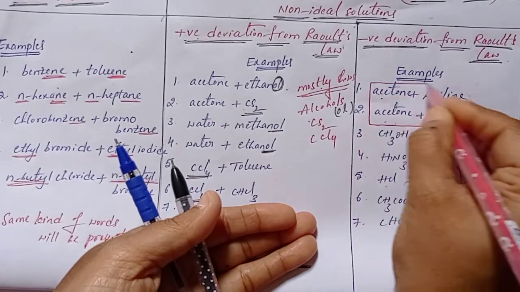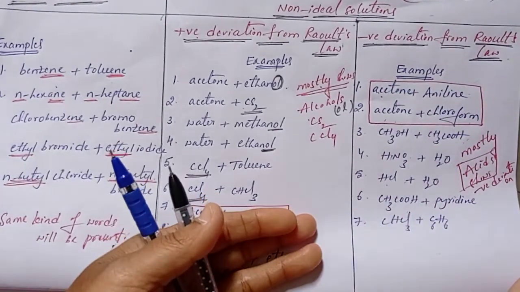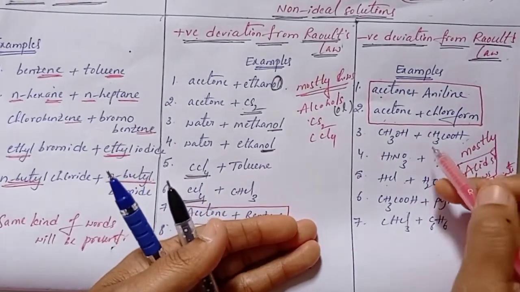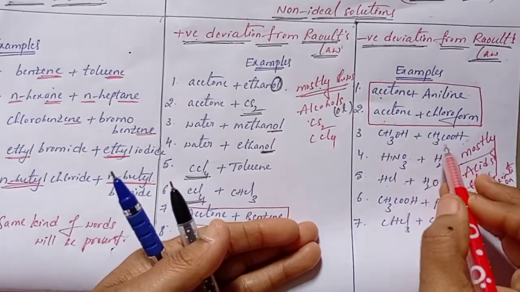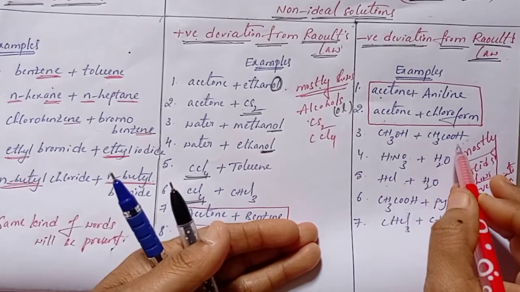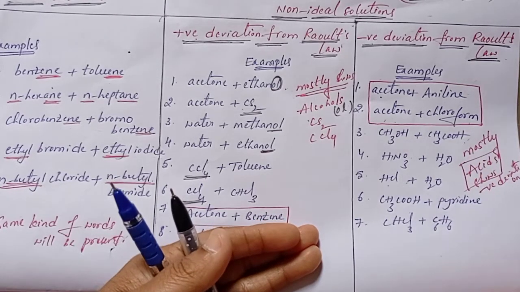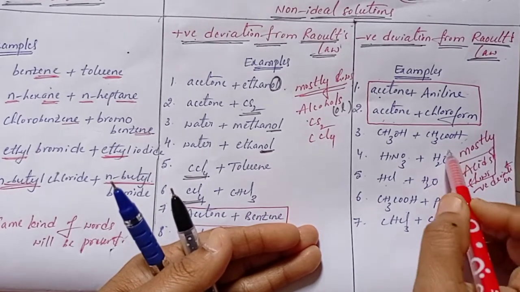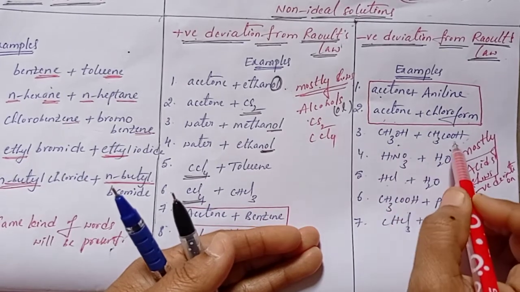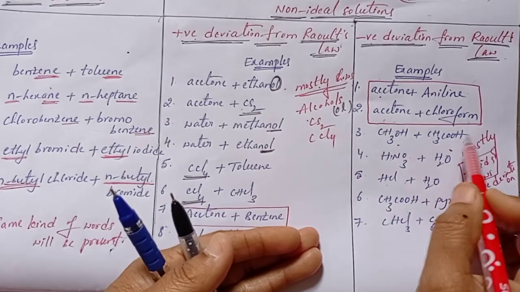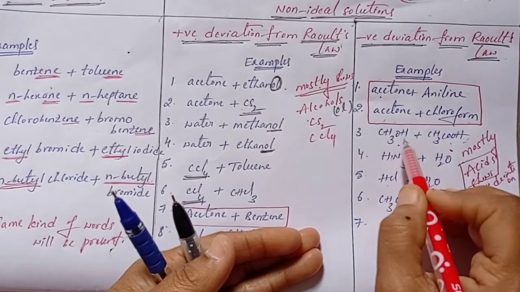These two examples you have to practice and remember. And coming to the next example, see students, here methanol and acetic acid are there. Then first preference should be given to the acid only. Here the alcoholic functional group is there and COOH. This is acetic acid, this is alcohol.